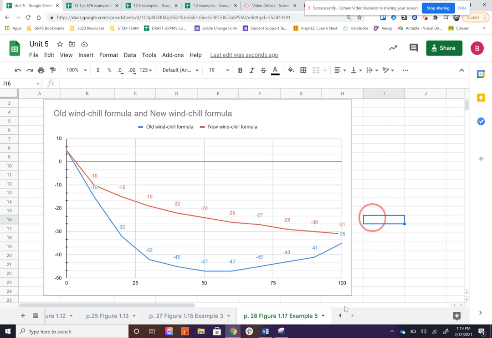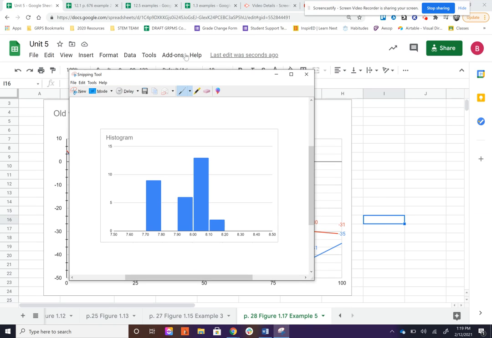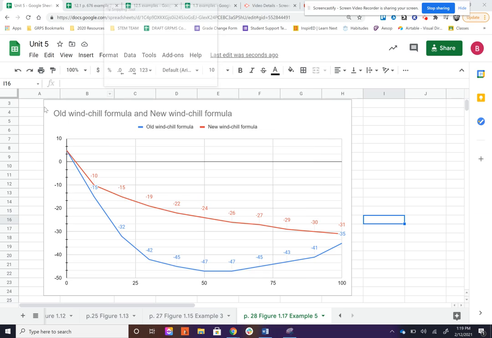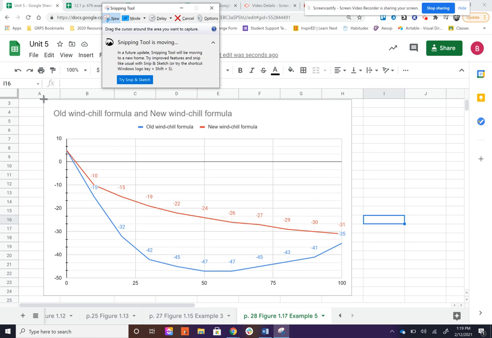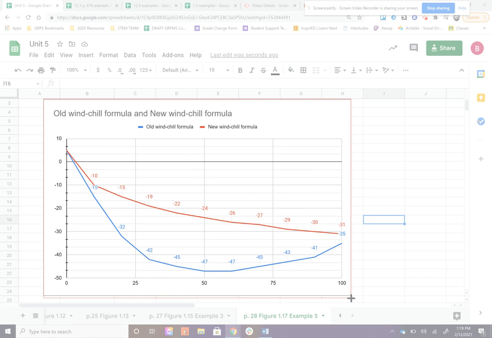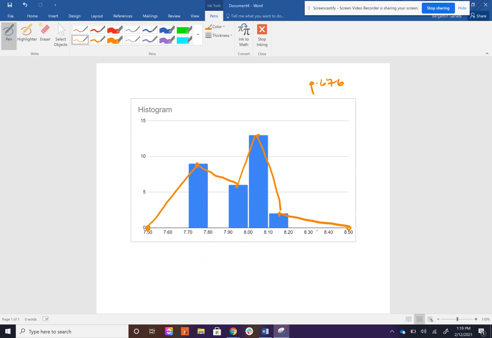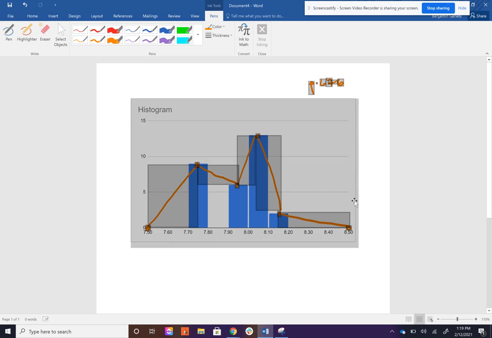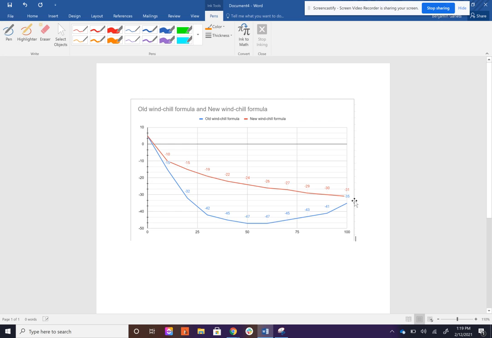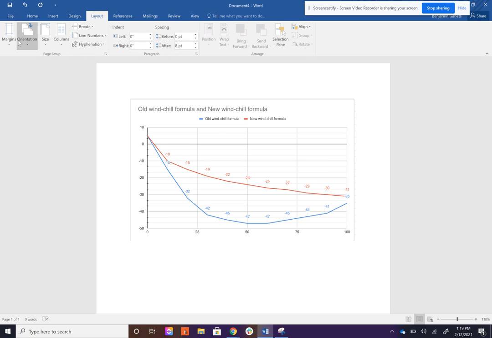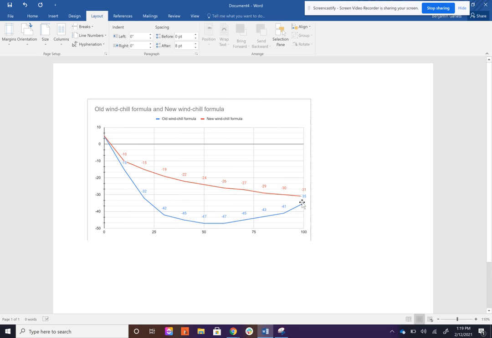Okay, there we go. So we got this. This was from before. Let's get rid of that. Let's paste this. Okay, and layout. Let's make it a little bit wider. Make this a little bit bigger.